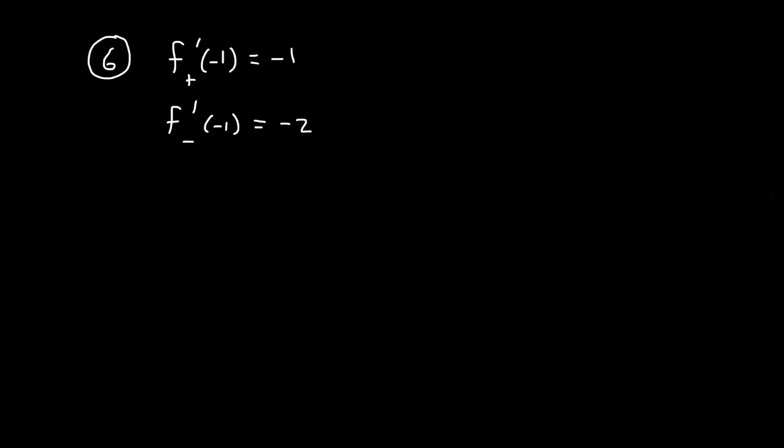In conclusion, number 6, we found that the derivative from the right was -1, and the derivative from the left was -2. Since those are both real numbers but different, we classify that as a corner. Specifically, a corner at x equals -1. It was not a smooth transition. It was not differentiable.